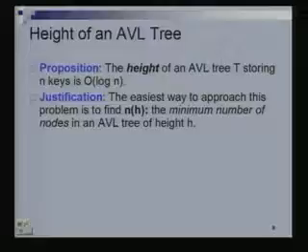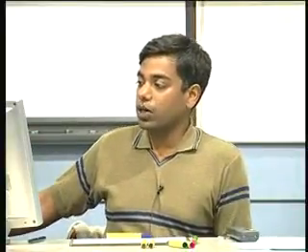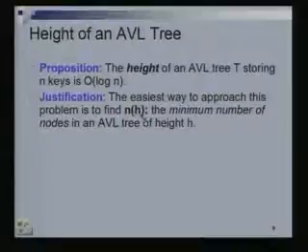Let's take an AVL tree of height h. Amongst all possible AVL trees of height h, let me see the one which has the smallest number of nodes. So I define this quantity n of h as the minimum number of nodes in an AVL tree of height h, and let's figure out what this quantity is, and then we'll see how this implies this proposition here.